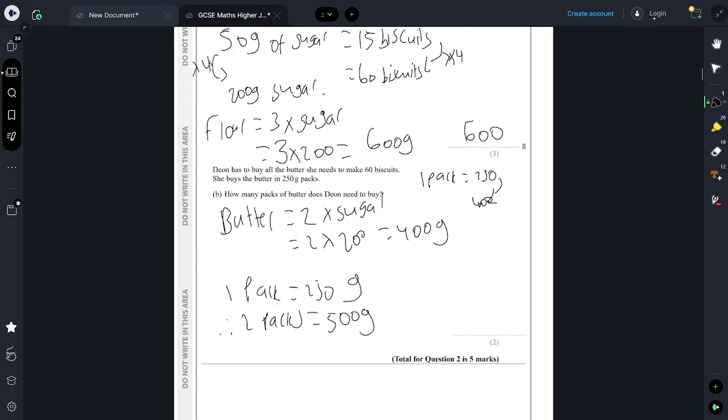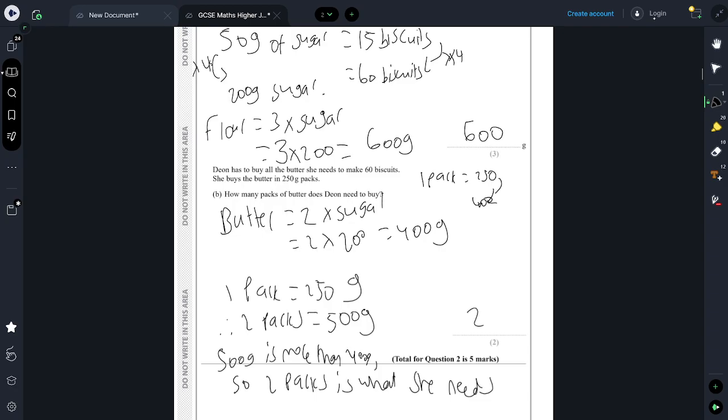She only needs 400, so we know she's not going to need many packs. So we can list it like this. Okay, but actually, 500 grams is plenty. 500 grams is more than 400. So 2 packs is what she needs. So the answer is going to be 2.